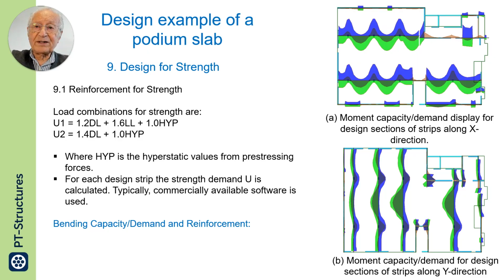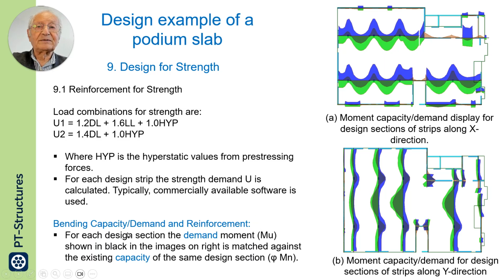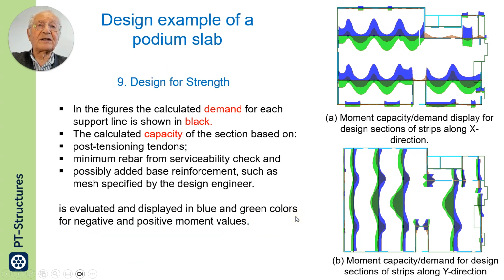So for this reason, we go in bending capacity and bending demand consideration. For each design section, the demand is in black in the image and is matched against the existing capacity. Where demand exceeds capacity, rebar is added. In this case, it does not.